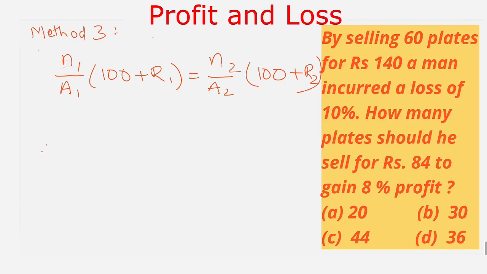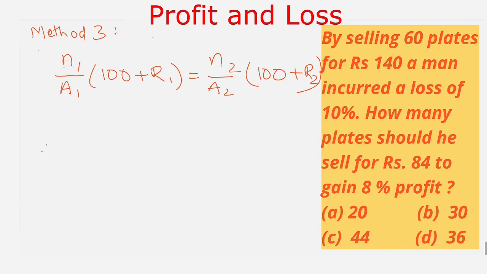N2 is the number of articles sold in amount A2 at a profit of R2. Here if R1 and R2 are profits, we take them as positive, and if these are losses, then we take them negative. Now we put the values and we get the answer.